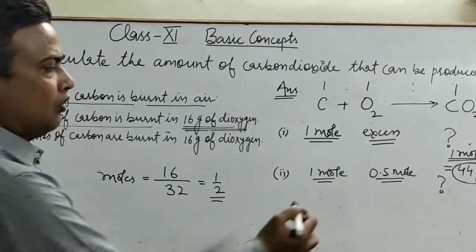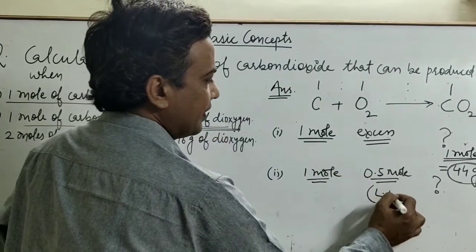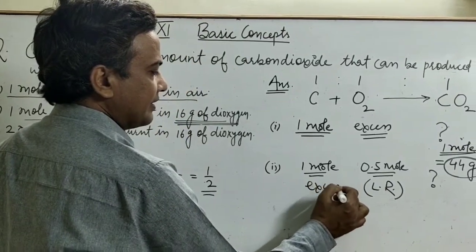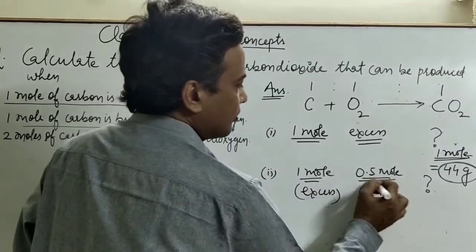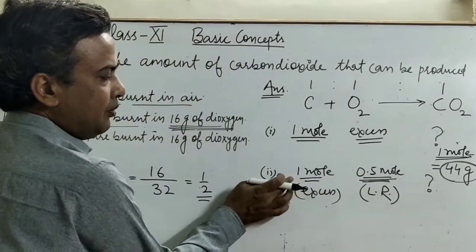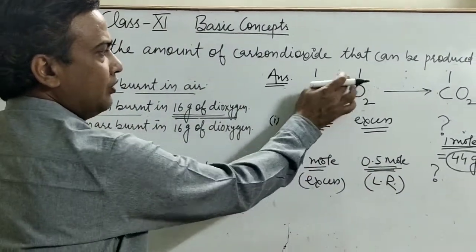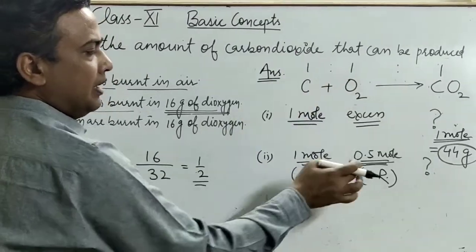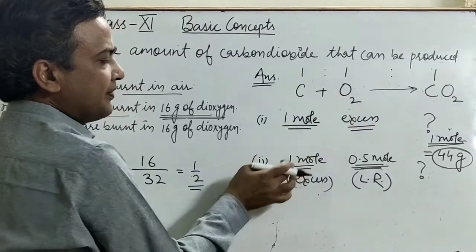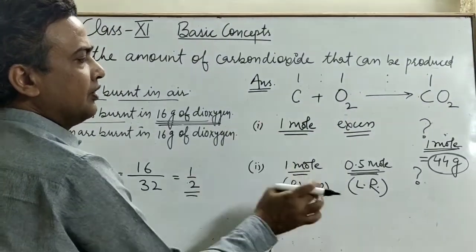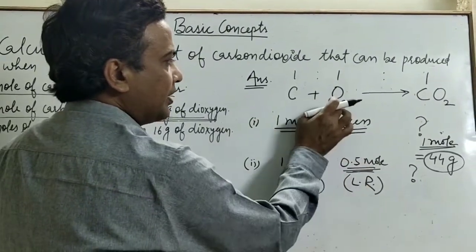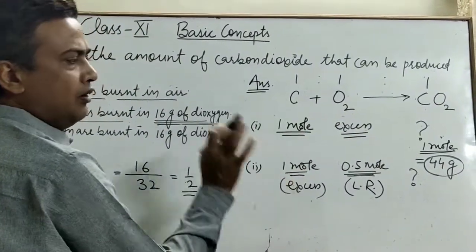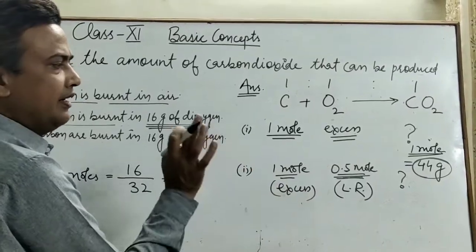It means O2 is the limiting reagent and carbon is present in excess. 0.5 mole of O2 will react with 0.5 mole of carbon according to stoichiometric coefficient. If 1 mole of O2 reacts, it requires 1 mole of carbon. 0.5 mole of O2 reacts, it requires 0.5 mole of carbon. So 0.5 mole of O2 is completely reacting, and out of 1 mole of carbon, 0.5 mole will react. 0.5 mole will remain unreacted.